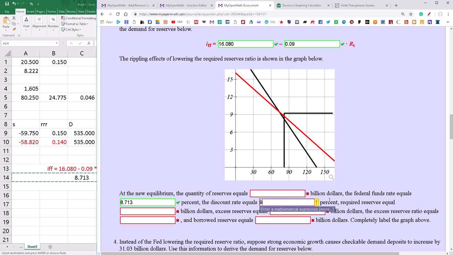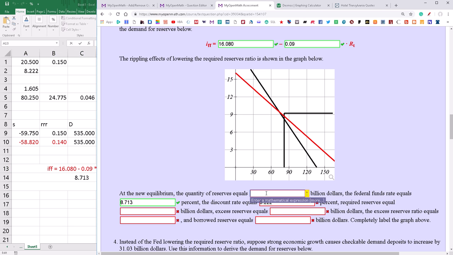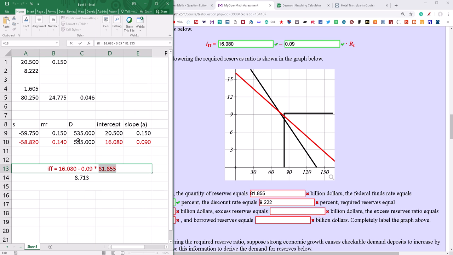The discount rate is 9.222. The equilibrium quantity of reserves is 81.855. Okay. Required reserves are equal to what? Well, the 535 times the reserve requirement ratio of 0.14.